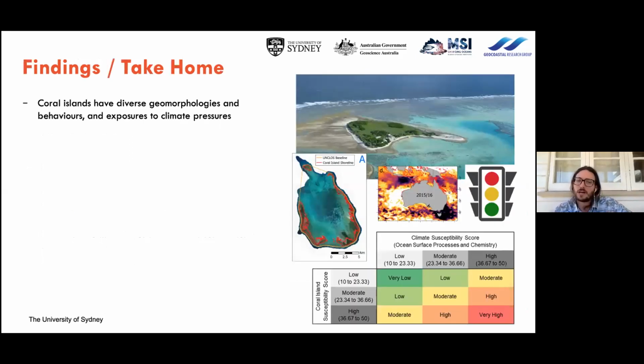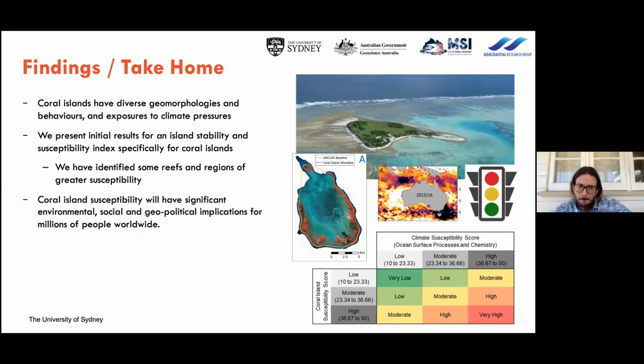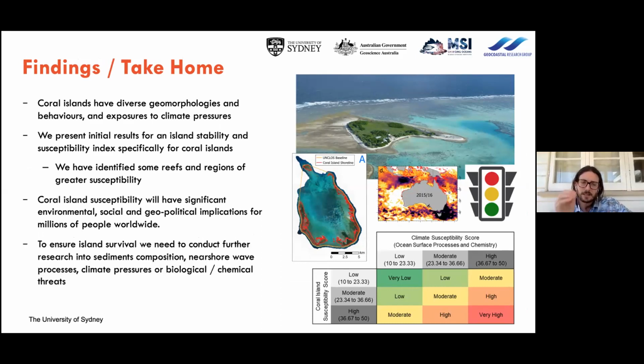So yes, the take homes are, we know that islands are diverse and they're exposed to a number of different pressures. We've presented this sort of idea of a matrix or a susceptibility index, and we've sort of identified some regions and reefs that may be under threat more than others. And basically, to ensure that islands survive, we need to conduct further research into the sediment compositions.